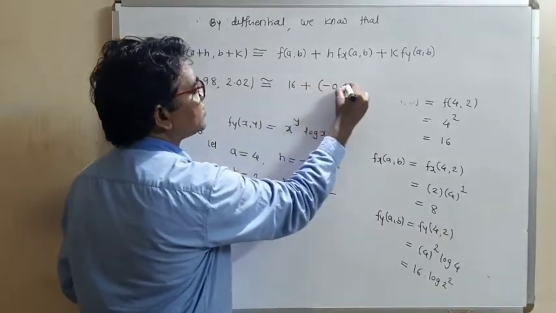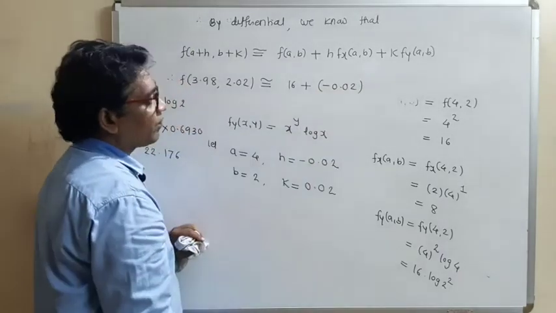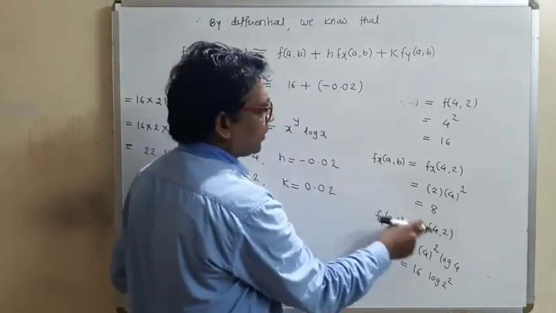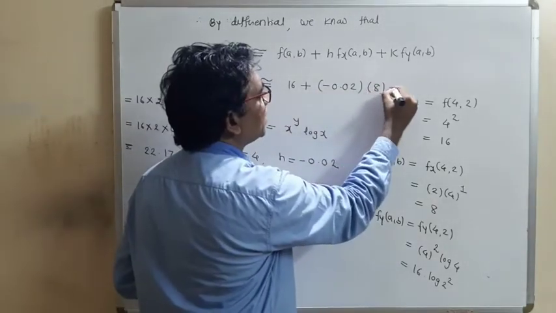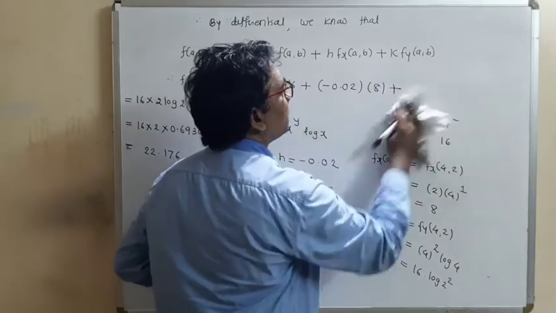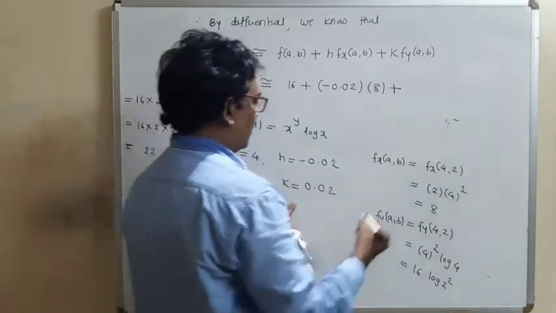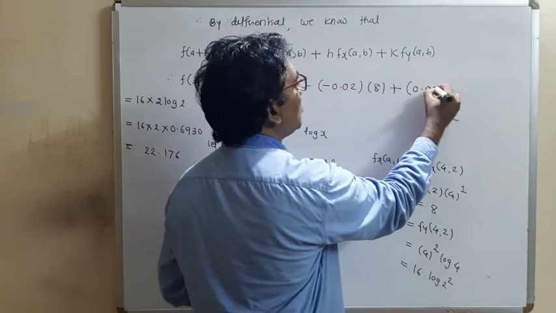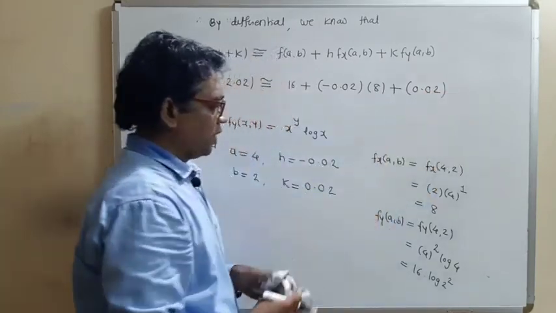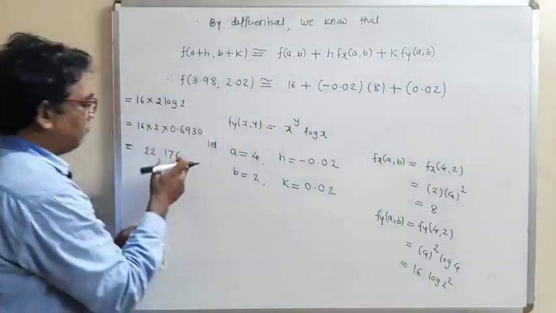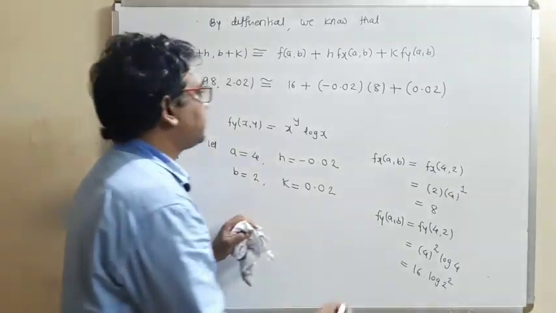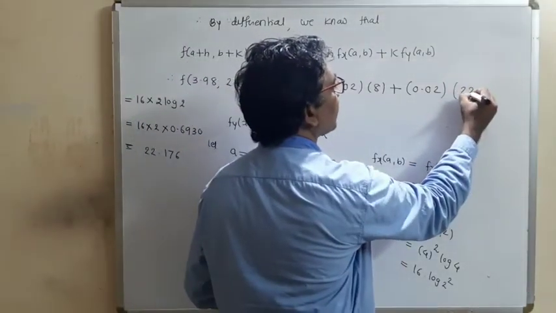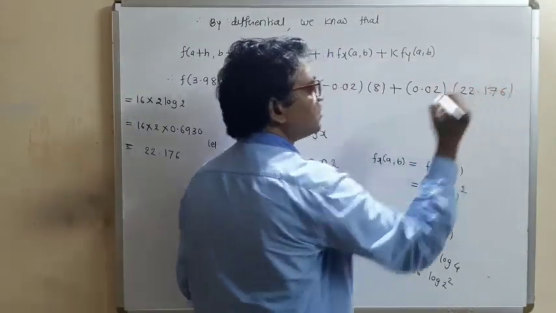H is minus 0.02 into fx at AB. What is fx at AB? It is 8. Plus k. So what is k? This is 0.02 into fy. So what is fy? We have found this value. It is 22.176.